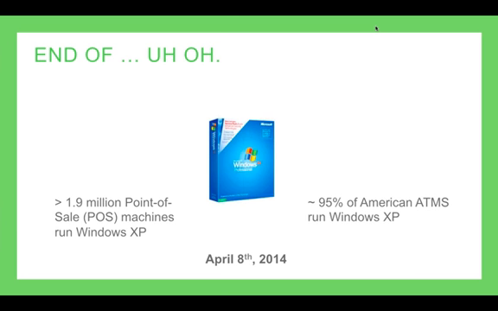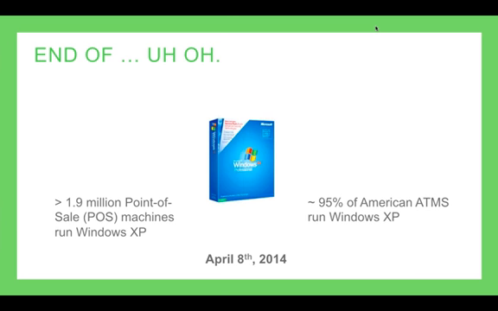You also know, of course, that coming April 8th of this year, Microsoft has decided to end support for Windows XP. That's going to have a big impact on a lot of people, both within the retail industry and outside it. If you think about all of the different systems that run Windows XP, there are 1.9 million or more point-of-sale systems running XP today.